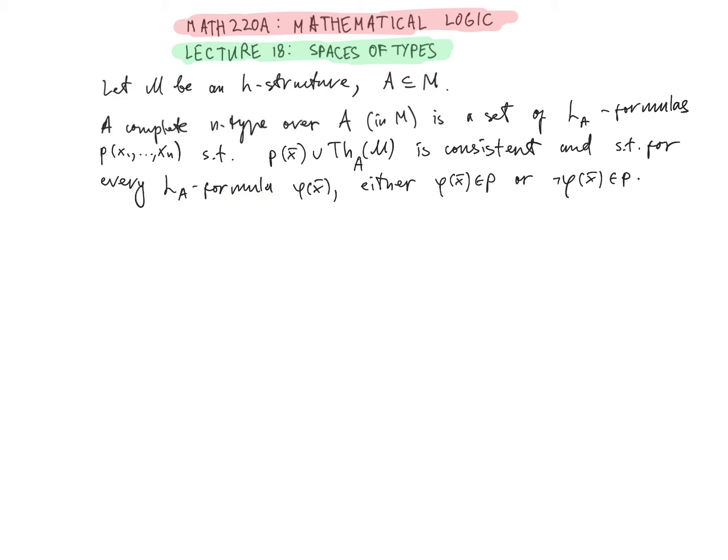And we have introduced the collection of all complete types. Recall that S_n^M(A) is the set of all complete n-types over the set of parameters A in a given structure M.